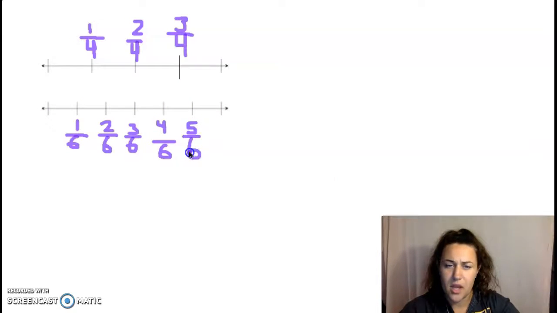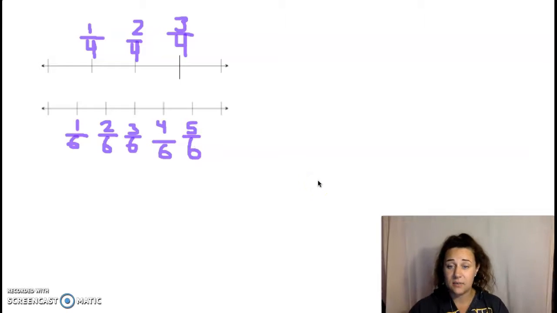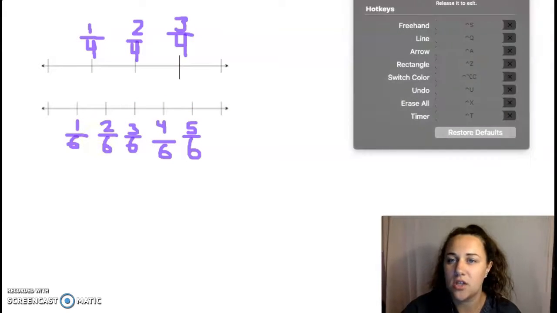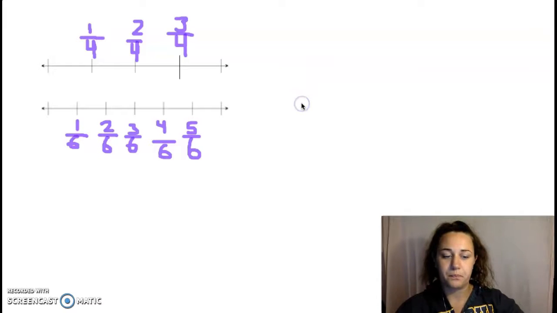Okay. Now that my number line is labeled, I can now figure out where I have equivalent fractions. Now, when you have equivalent fractions, friends, and you have the number line set up like this, if you draw a line down from each one, both lines have to touch. I'll show you. Let me change my color just so we can see.